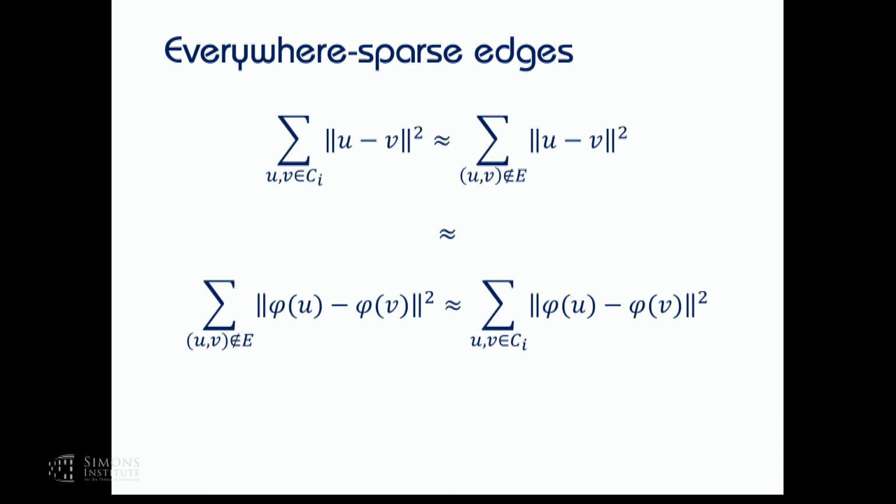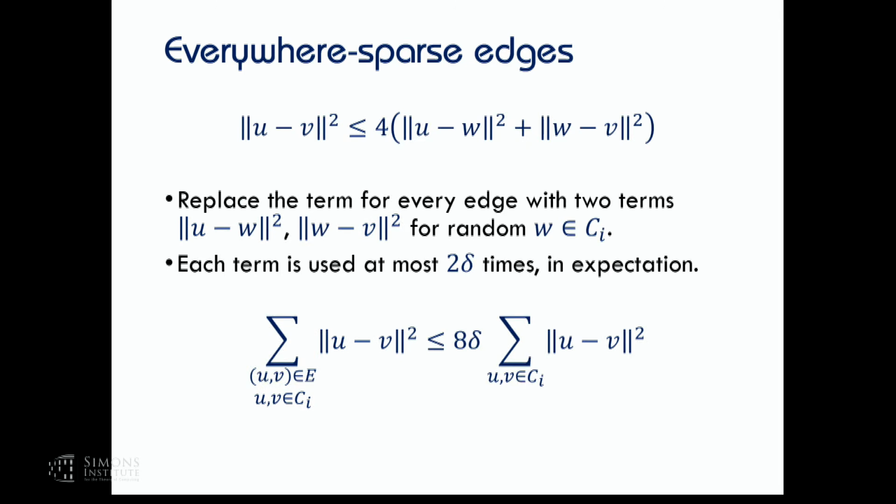Where does delta come from? Okay, it should be theta. It should be theta here. So here we use that every vertex is connected with at most theta neighbors inside its cluster. So we reroute sort of a theta fraction of the edges. And here it's important that this bound on the degree is uniform.